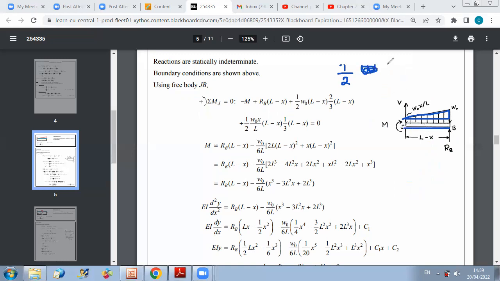The force was L minus x times, as we already said, the difference, so omega 0 times L minus x. Because if you remember, this distance here is omega 0 times 1 minus x over L.